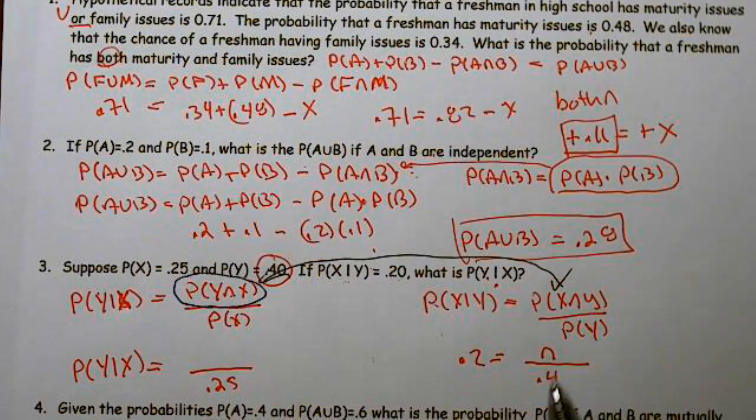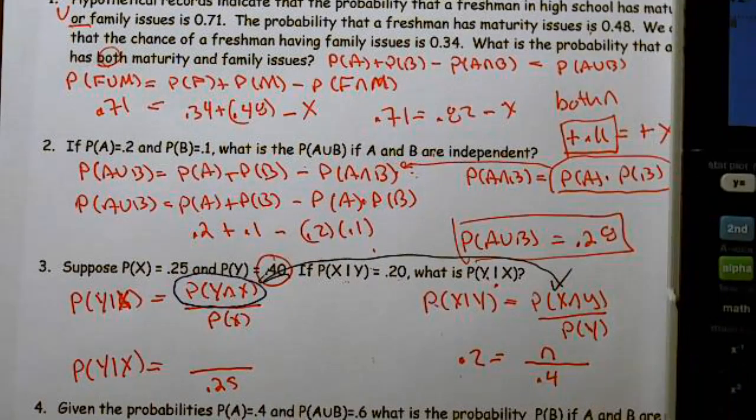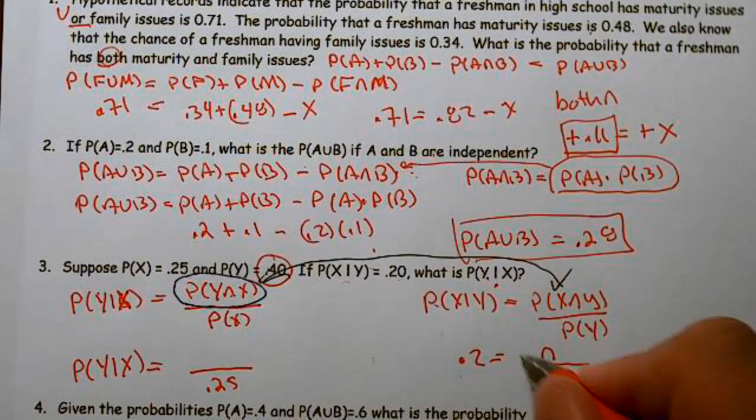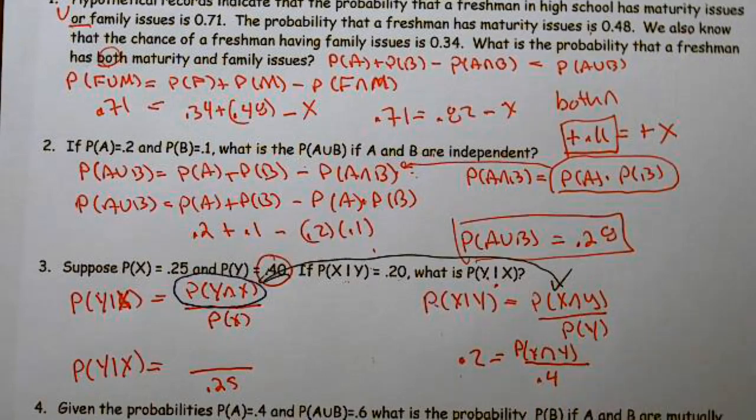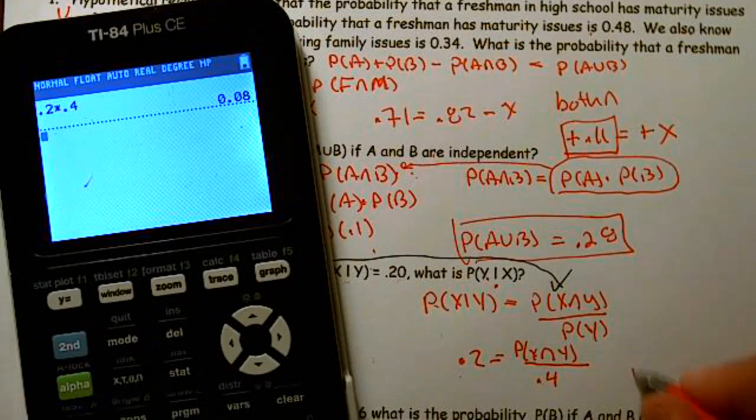But I can solve for it. And so when I solve for it, I find the probability of that intersection, the probability of X and Y. So that's going to be 0.2 times 0.4 equals 0.08. So the probability of X and Y equals 0.08.